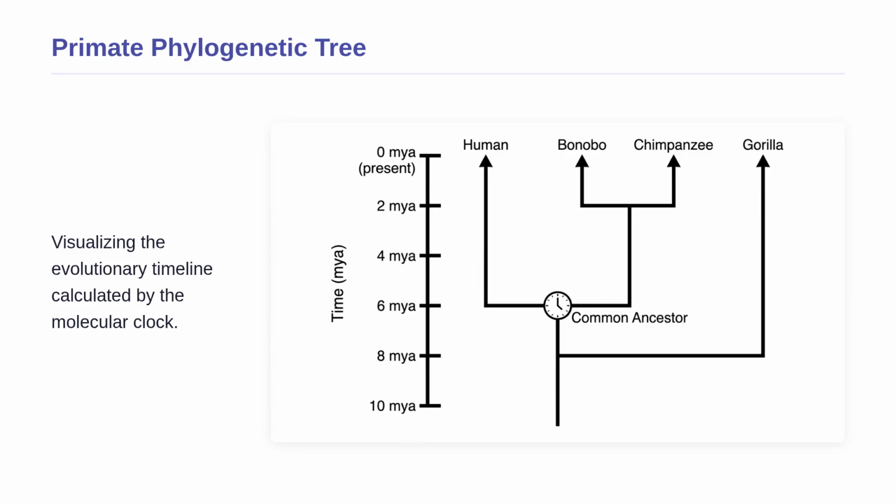Moving up the trunk, we hit a critical node at 6 million years ago, marked with a clock icon. This is the exact divergence point we just calculated between humans and the chimpanzee family. Further up, at 2 million years ago, you can see the bonobos and chimpanzees splitting from each other. This diagram perfectly illustrates how the molecular clock maps our evolutionary history.